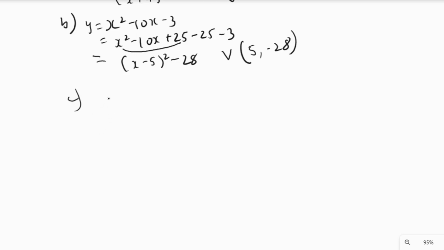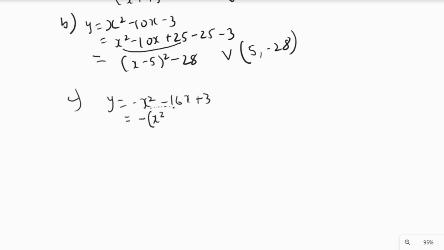Okay, let's see y equal to minus x squared minus 16x plus 3. The coefficient of x squared is not positive 1. Therefore, in order to make it positive 1, I have to take this negative 1 outside from the two terms only.